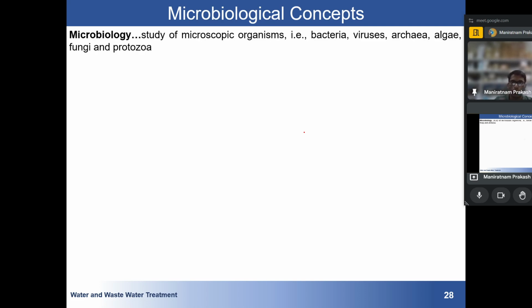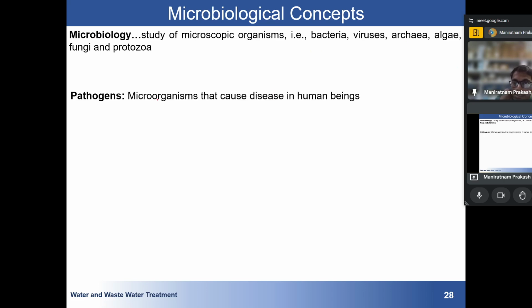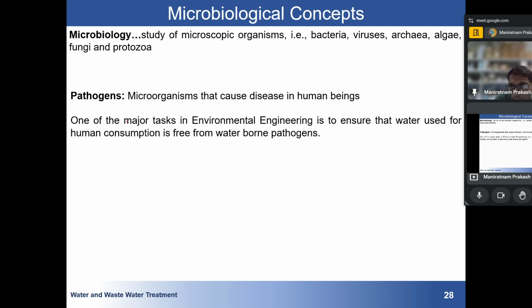So microbiology is known as the study of microscopic organisms, that is bacteria, viruses, archaea, algae, fungi, and protozoa. Pathogens are microorganisms that cause disease in human beings. One of the major tasks in environmental engineering is to ensure that water used for human consumption is free from waterborne pathogens.